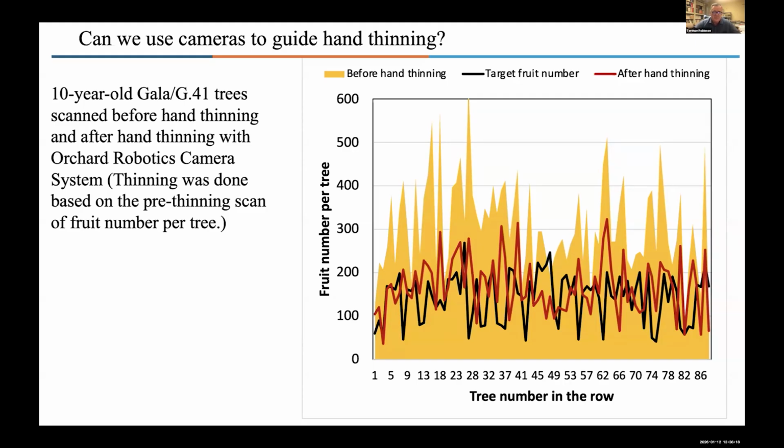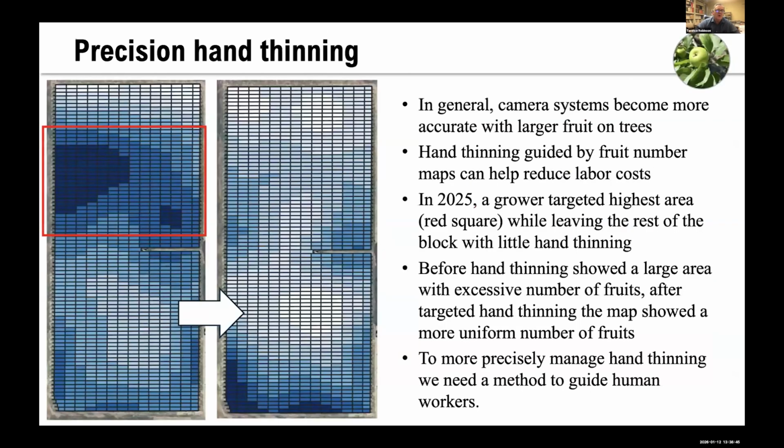Then we hand thinned by just standing there with a clipboard and telling them on that tree, take off 50, on this tree, 100, on that tree, 35. And then the red line is what we observed when we rescanned after hand thinning. And it's a relatively good match. Not perfect, but some of it might just be hand counting, which also has error. But nevertheless, that hand thinning point is when you can make the final adjustment to get the proper fruit number on every tree.